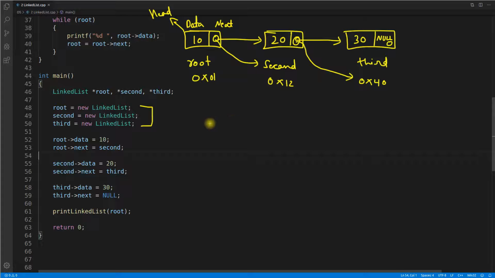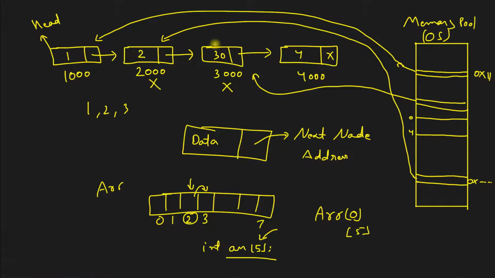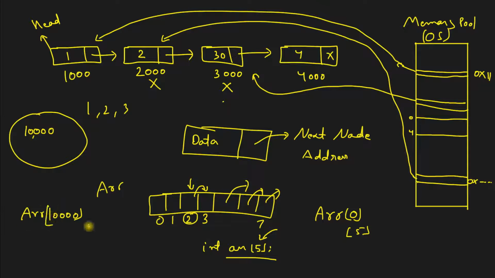So let's recap why we are learning this linked list. I'm going back to this one. You have 2 major data structures: this is array and this is your linked list. When you are using an array, you don't have any option to return unused memory blocks. Let's suppose there is some algorithm which initially needs 10,000 integers, and you created an array of 10,000.